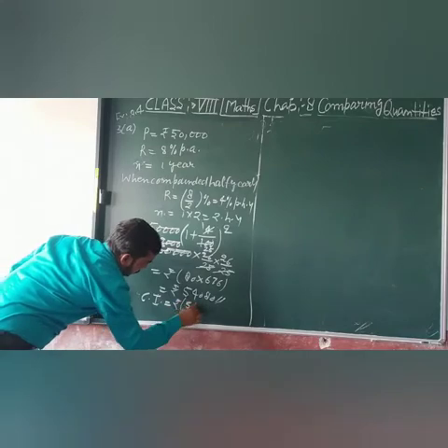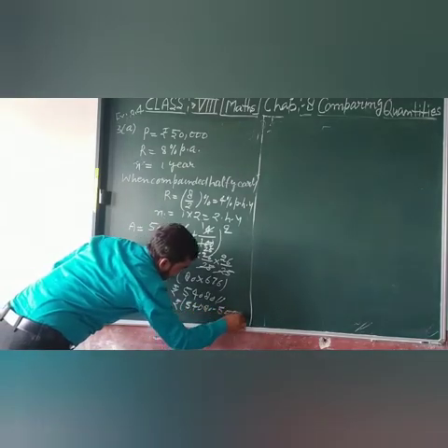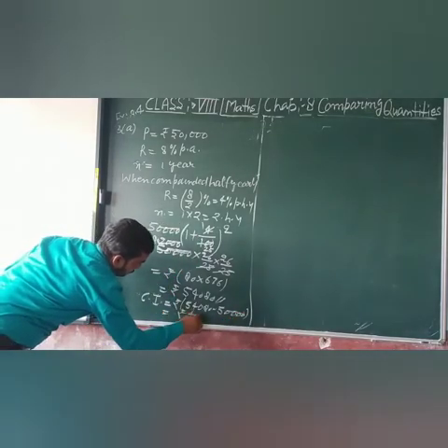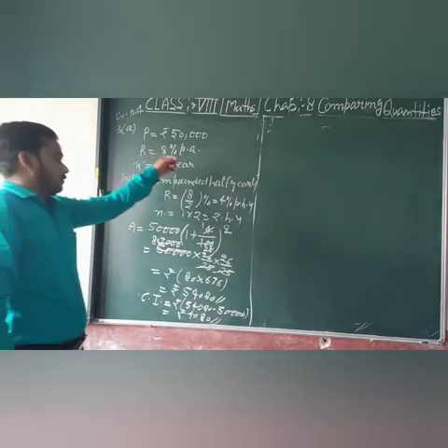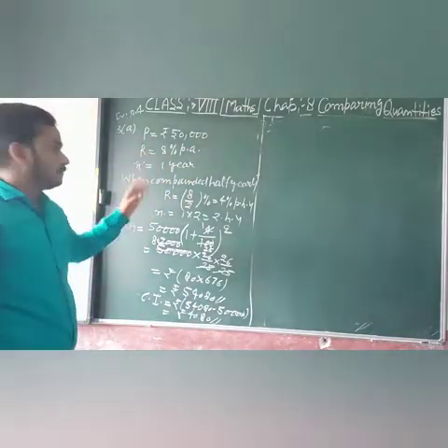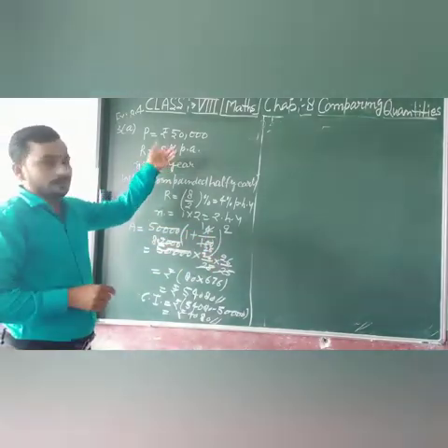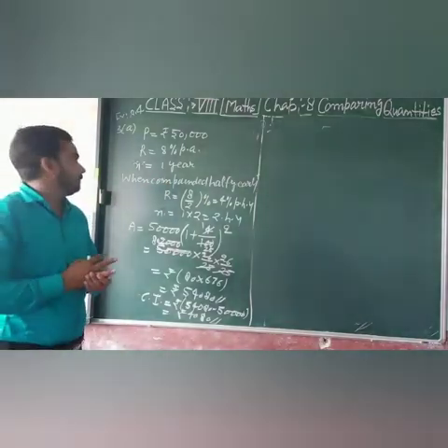So 54,080 minus 50,000, that equals to 4,080. So in the condition of half yearly, what are the two changes there? Rate becomes half and the time is twice of the given time.